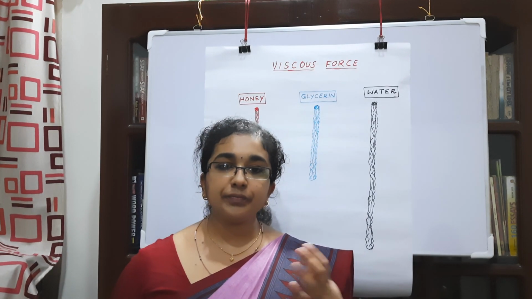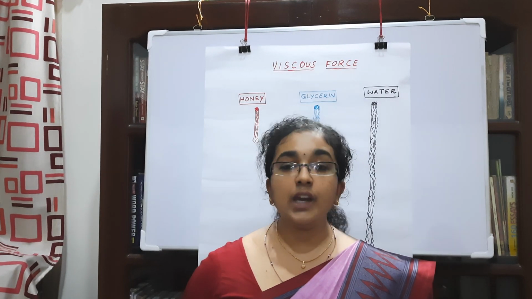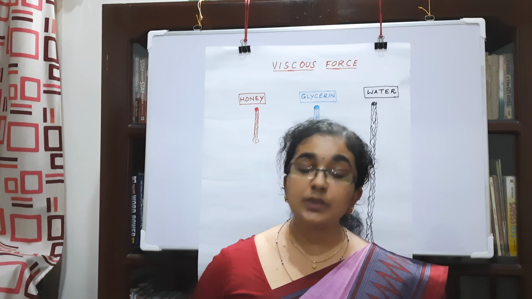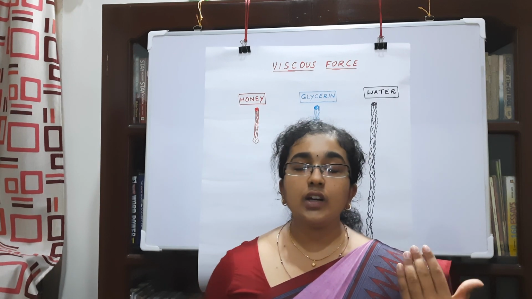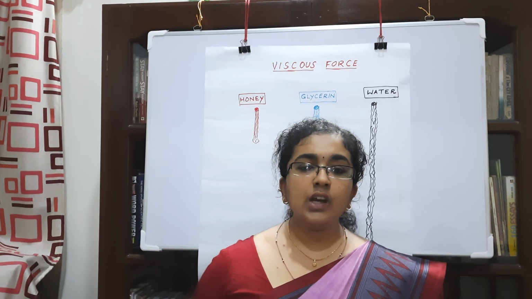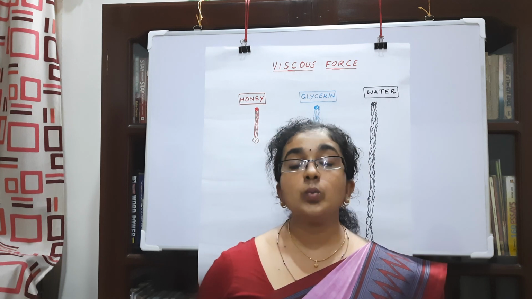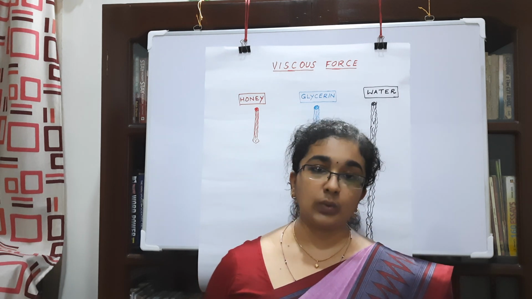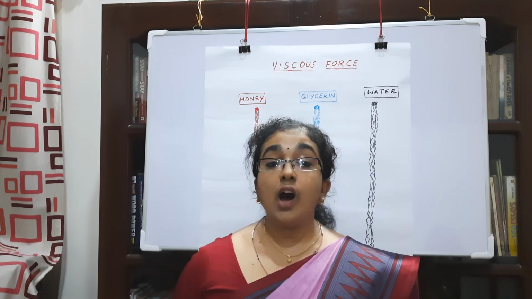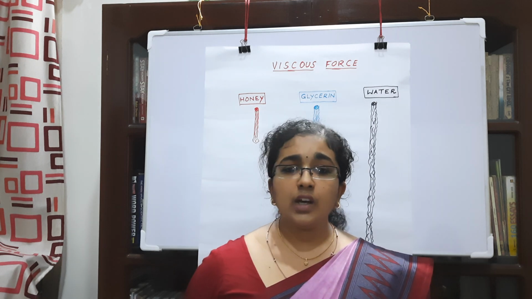Now we move on to the classification of liquids. There are two types of liquids: one is viscous liquid and the second is mobile liquid. Liquids of greater viscosity are the viscous liquids, for example honey and glycerin, from the experiment that we have just done.